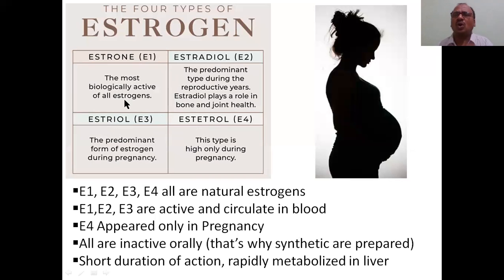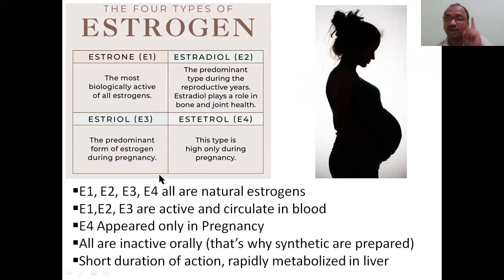E1 is the most biologically active, but the more potent is E2. E2 is more potent. That point I will tell you in the next slide. The most biologically active is number 1. The more potent, powerful hormone is E2. E2 is the predominant type during the reproductive years, from the age of 18 up to 45 or 50.